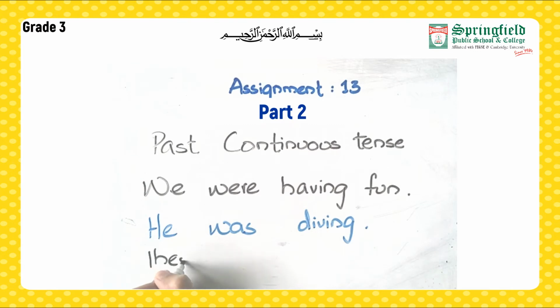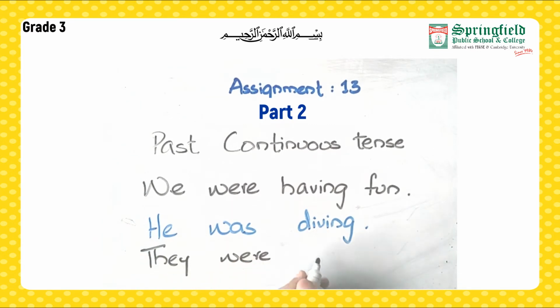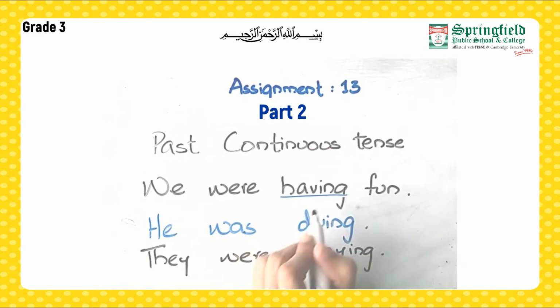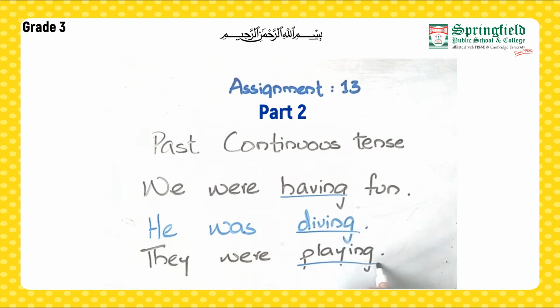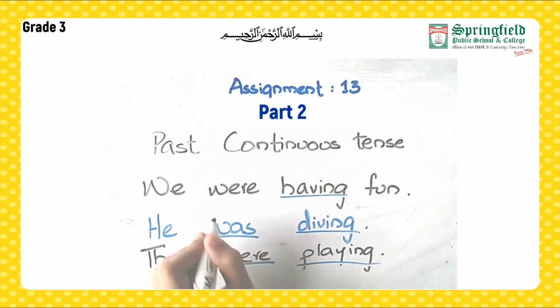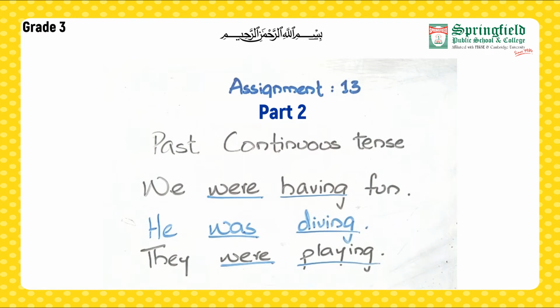They were playing. All these sentences here indicate the past, that is, all these events have already happened. But here the verb is the present participle, that is the same, whereas was, were indicate the past. So students, I hope the concept of past continuous tense is clear.